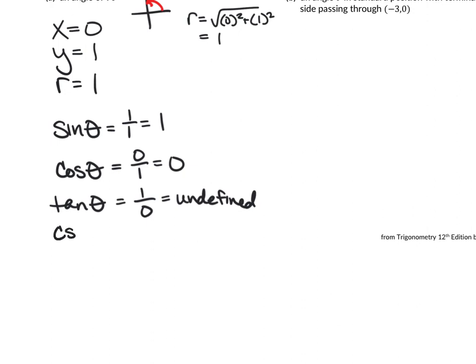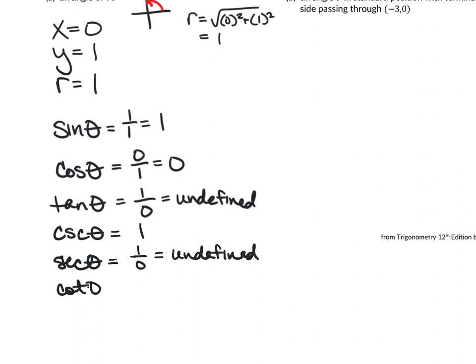If I do cosecant, which is the reciprocal of sine, 1 over 1 is still 1 when you flip it over. If I do secant of theta, which is the reciprocal of cosine, I would be doing 1 over 0. Uh-oh. What happens when I do 1 over 0? Undefined. When I go to do cotangent, I would flip over the number from tangent, which is 0 over 1.